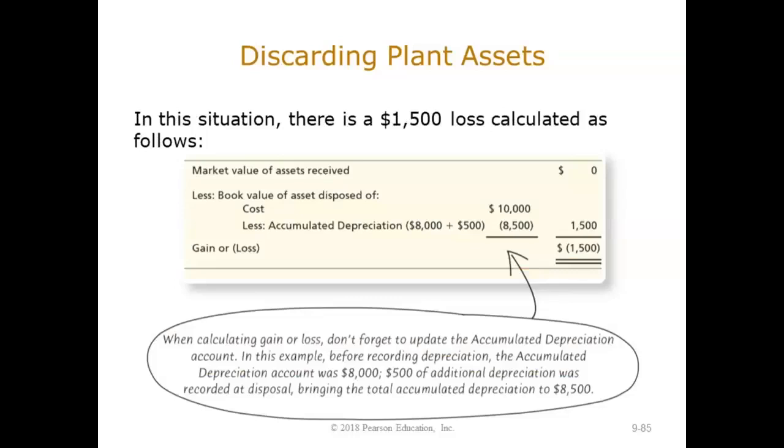Again, we've got $8,000 of accumulated depreciation plus $500 in depreciation expense for the 6-month period. So we're going to have accumulated depreciation of $8,500, and my book value of the asset is going to be $1,500. If I take the market value of the assets received, which is 0, and take out the book value of the asset getting rid of, the gain or loss in this case is going to be a loss of $1,500.